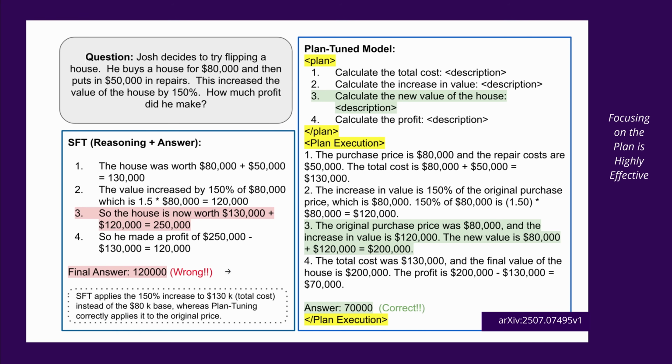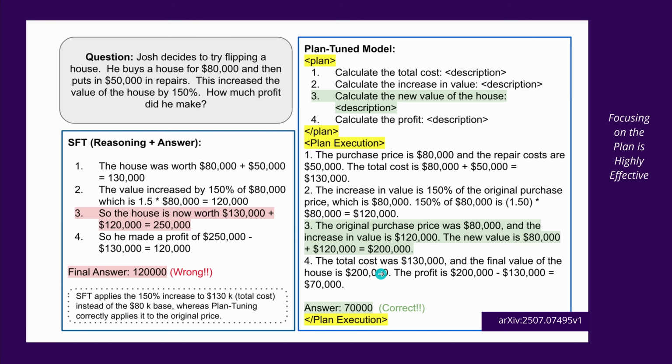And then they have here on the other side, if we do the plan-tuned modeling that we are just talking about in this video, and they say, listen, if we extract the plan, so the main idea how to solve this from the big titans, GPT-5 and so on, and we have learned it, so we know that for this particular problem, this particular plan, 24,499, is the correct plan to solve this task. We have it, then we just execute it.